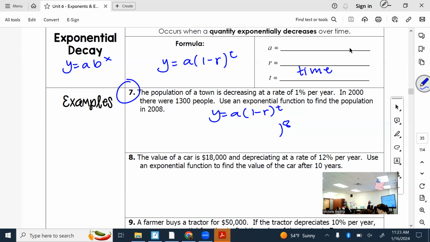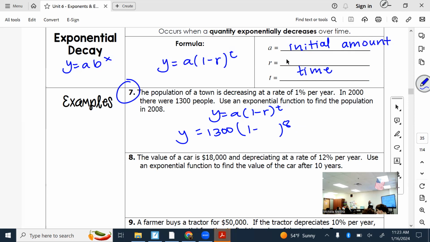Table 7, did we figure out what A stands for? Okay, good. What is my initial amount? Okay, they helped you out, 1,300, because they want to know what my population is after this many years. So what did you start with? 1,300 people. Then it's 1 minus whatever the rate is, but the rate has to be a decimal.